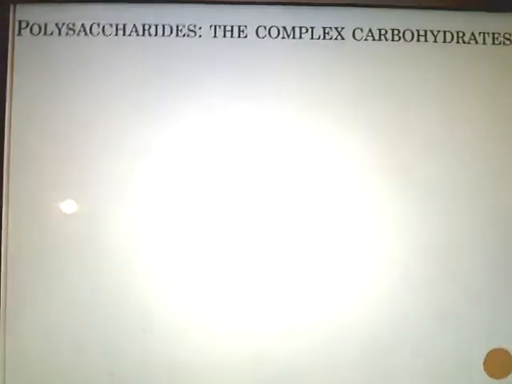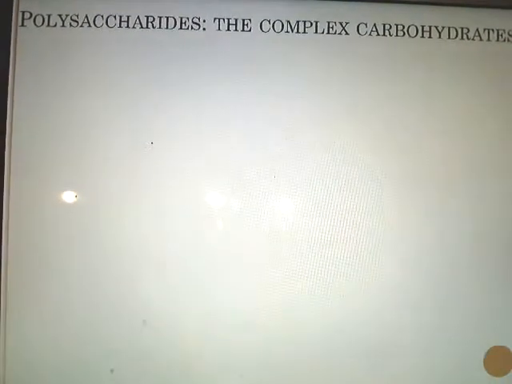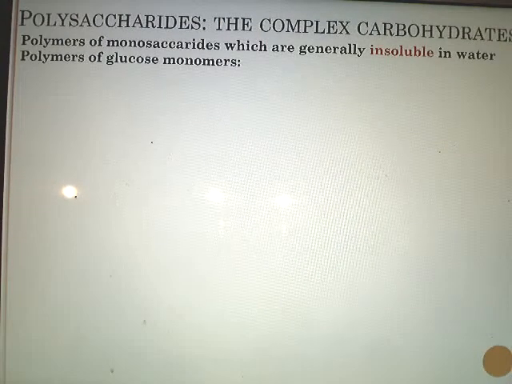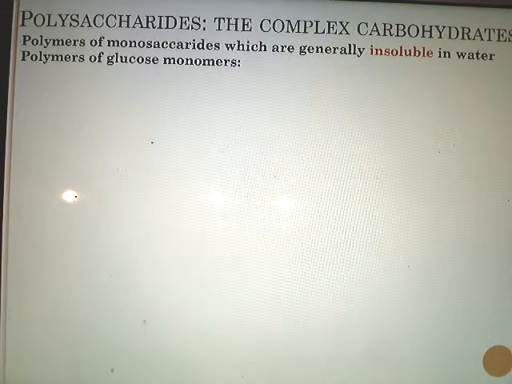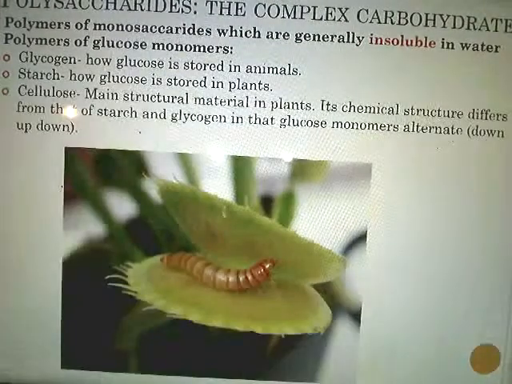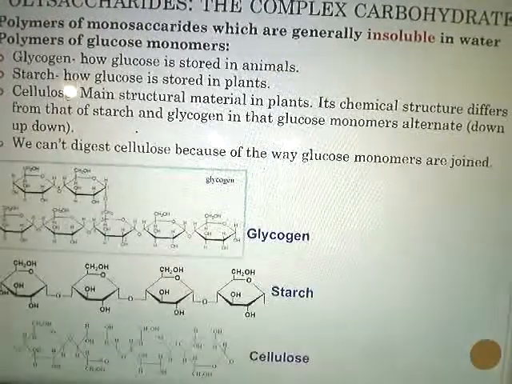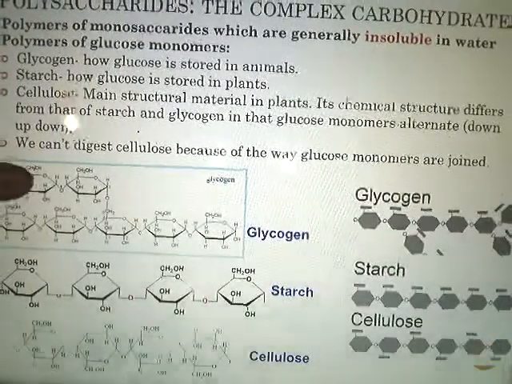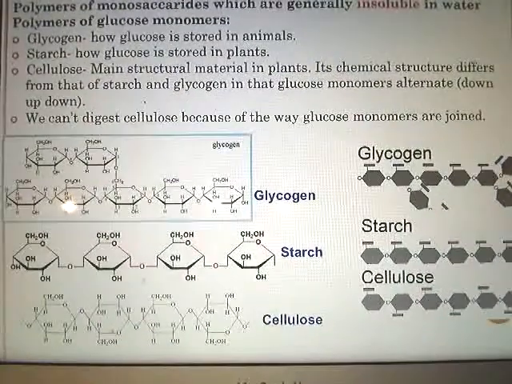Okay, so the polysaccharides that we went through are made of glucose monomers. So we learned about glycogen, starch, and cellulose. The main thing is just knowing the difference about them structurally.